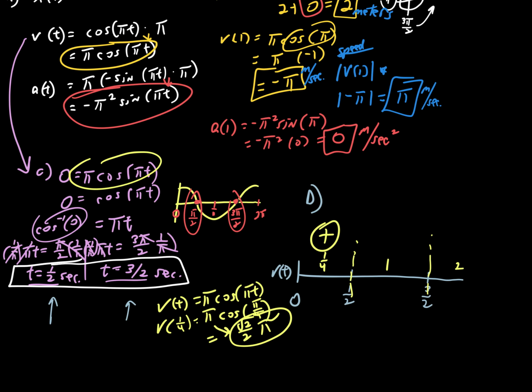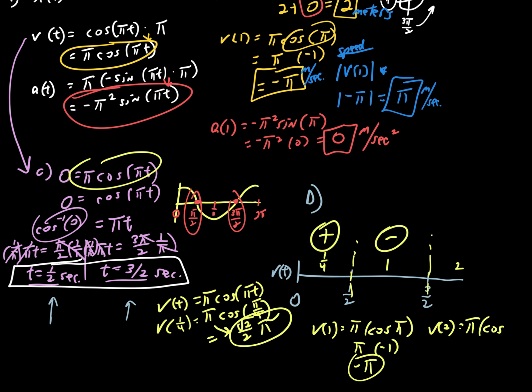Now, when you plug in the 1, what is v of 1? That's going to give you pi times cosine of pi times 1, which is just pi. The cosine of pi is negative 1. So that's going to give us a negative pi. And if you plug in a 2, v of 2, you're going to get pi times the cosine of pi times 2, which is 2 pi.